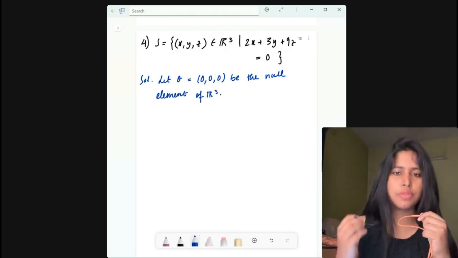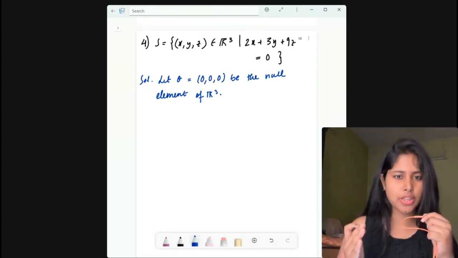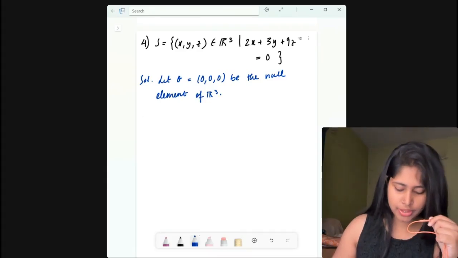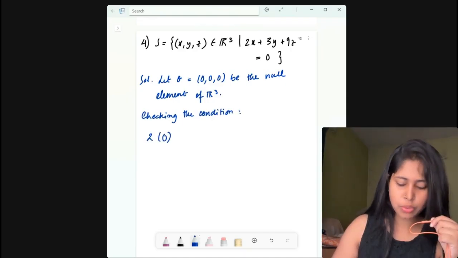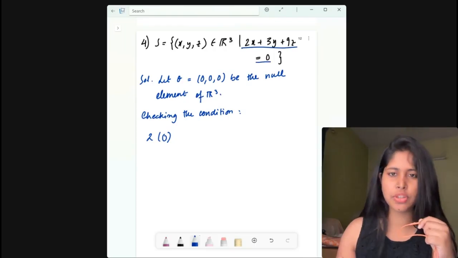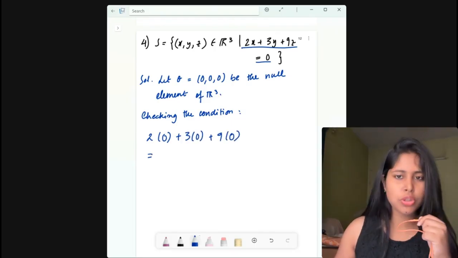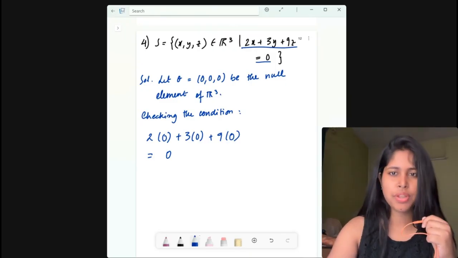Then you put the 0, 0, 0, which is the x, y, z, in this equation, checking the condition. So 2 into 0 plus 3 into 0 plus 9 into 0 is also equal to 0. So this is perfect. Then the zero vector belongs to S.